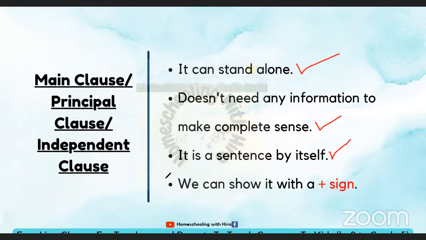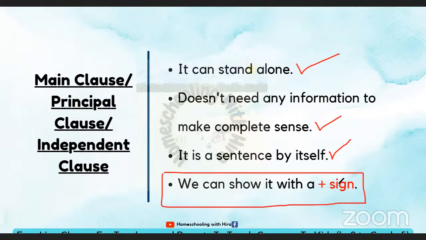And to make it a little multisensory, we can show it with a positive sign, a plus sign. ठीक है? Now, these are the topics of grade 4, grade 5, even in grade 6 in some schools, they are being taught. So, यहाँ पे हमें, in these topics, we do not have so many walking activities or movement activities.